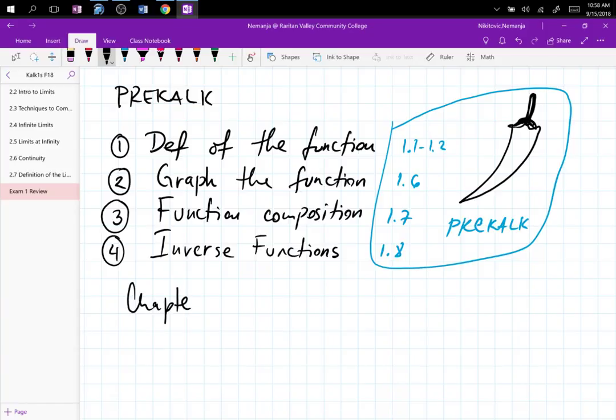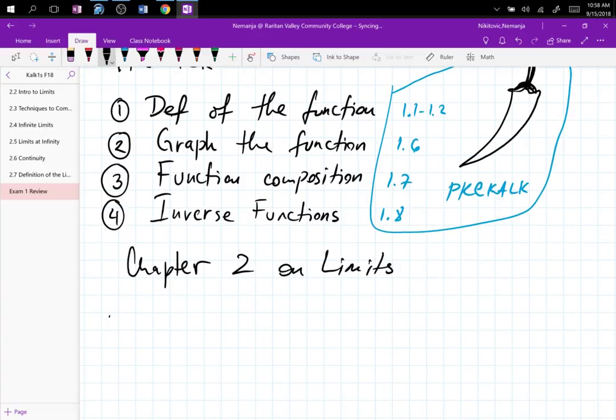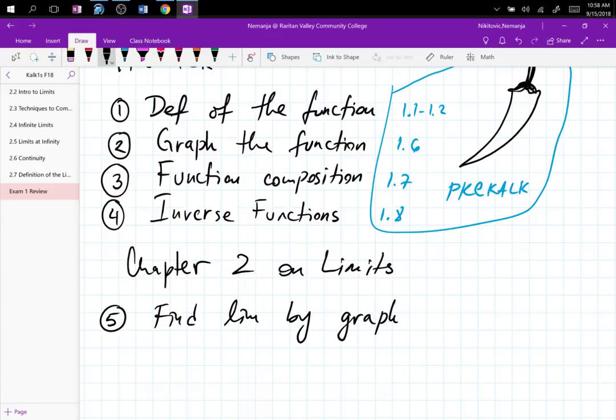And then we have our chapter 2 on limits. So in that one, we are talking about, number 5, find limit by graph or chart.